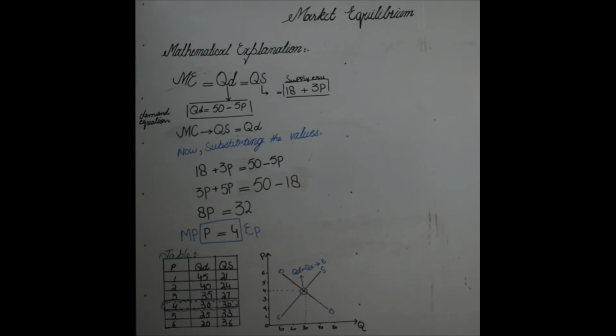If you are good at maths, you can solve it easily. We will move the P values to the left side and the constant values to the right side. When we change the place of the values, the sign automatically changes.